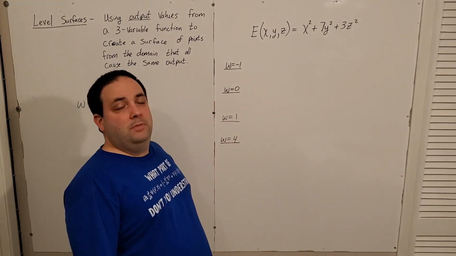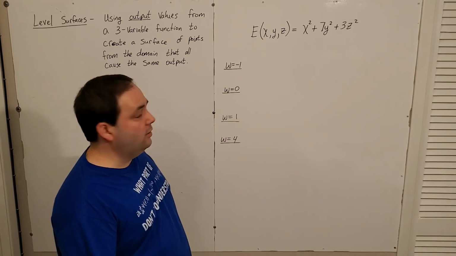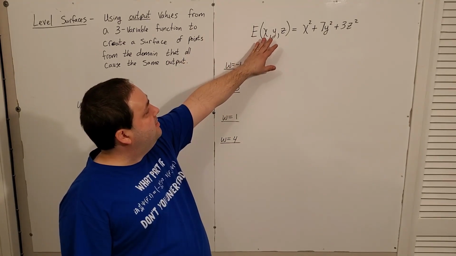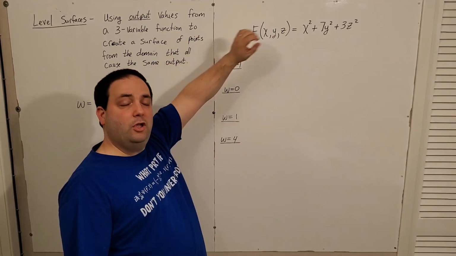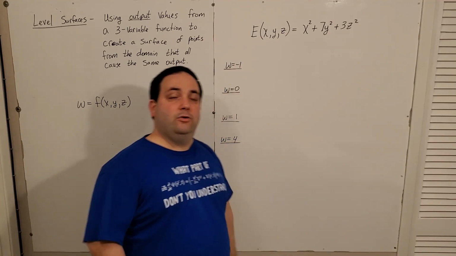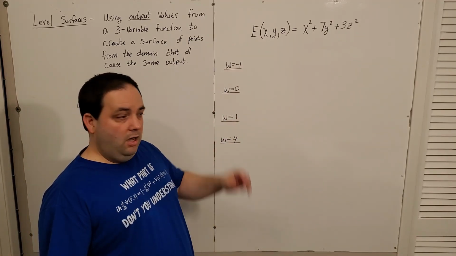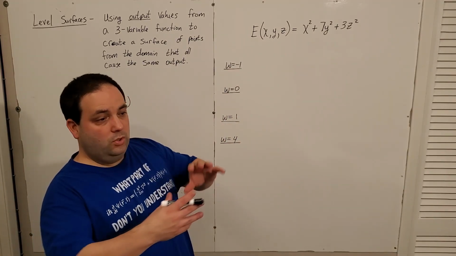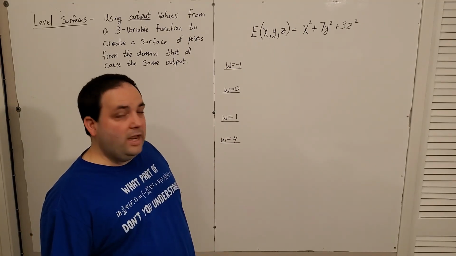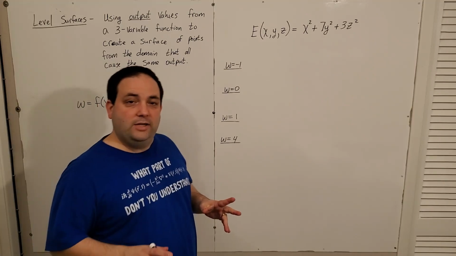Let's imagine that I have some sort of energy function here, right? So at any given point in space, x, y, and z, you plug in the coordinates of the point, and this thing will calculate the energy level of that particular point. Maybe it's some sort of field that's giving off some sort of energy, or, just whatever. Just use your imagination a little bit.